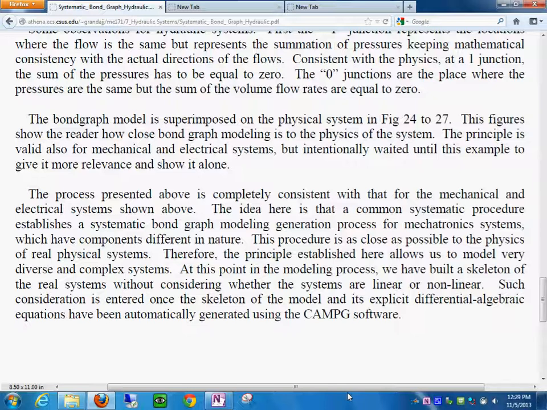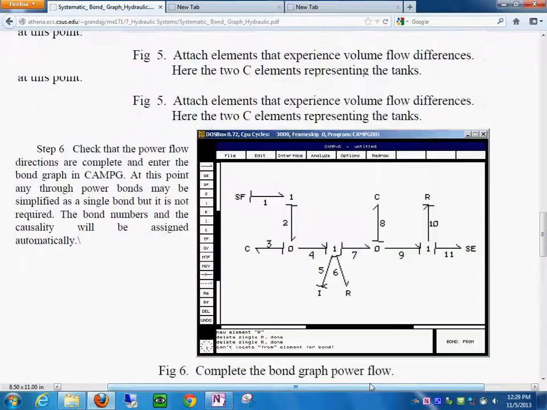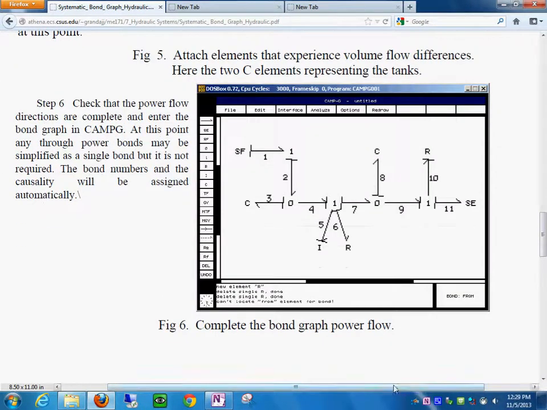And that is the point behind this explanation on relating, one-to-one, the bond graph model to the physical elements. And so if you use consistently the same procedure for electrical, mechanical, and now for hydraulic systems, you can have a nice model here that would be ready for processing, going to MATLAB and getting the simulation done. Okay?